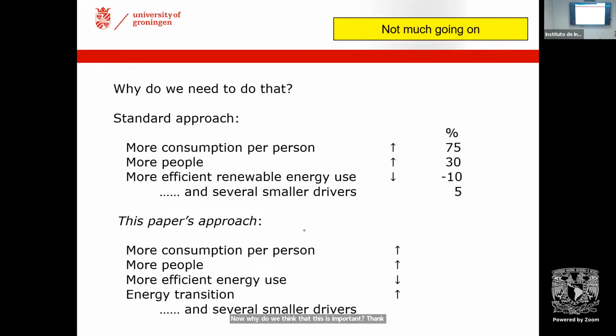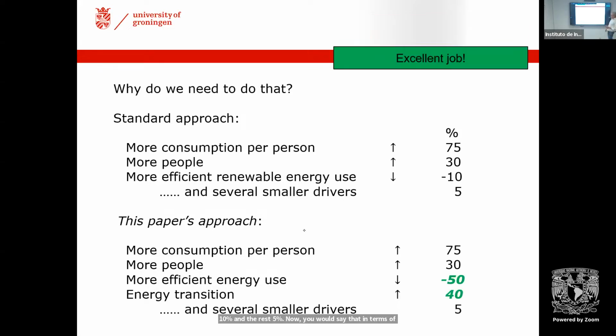Take a very simple example. Take the example where we've done the calculations and more consumption per person is good for 75% of increase in renewable energy. More people, 30%, more efficient use of renewable energy, minus 10%, and the rest, 5%. Now, you would say that in terms of efficient renewable energy use, there's not much going on in this case.